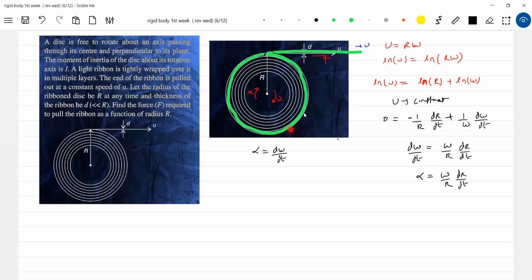Say what all volume of the ribbon should be available in. So like this, 2 pi r dr. What is the volume of this part? 2 pi r dr. And what is the volume of this part of the ribbon? What is the length of that?